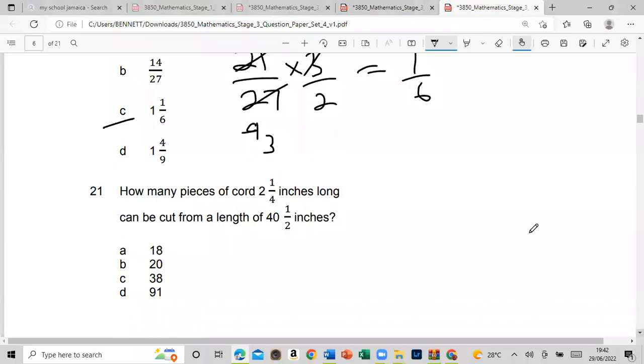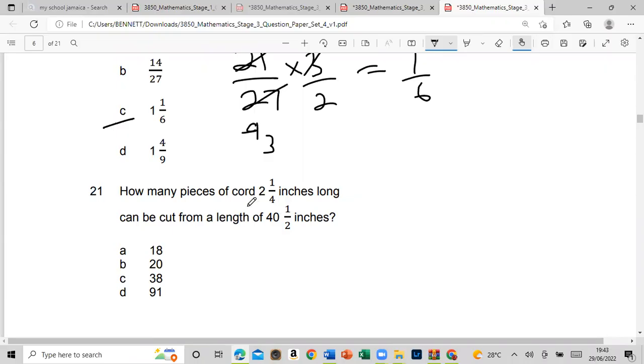Alright, so how many pieces of cord 2.25 inches long can be cut from a length of 40 inches? Now work it out. 18.